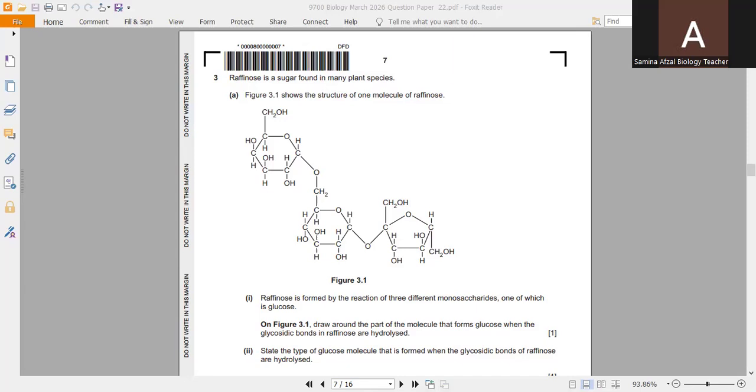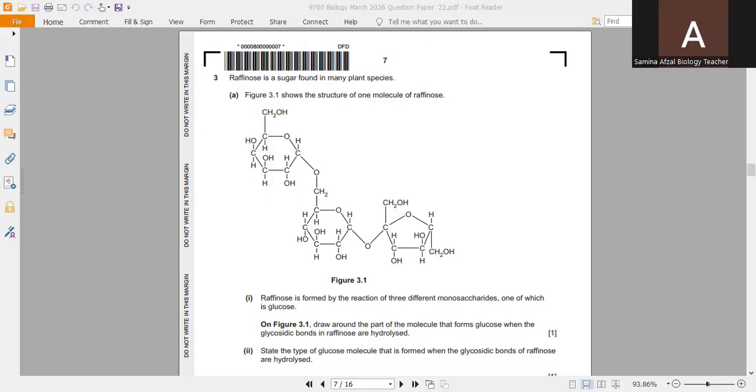So on figure 3.1, draw around the part of the molecule that forms glucose when the glycosidic bonds in raffinose are hydrolyzed. So here you can see that this raffinose molecule is made up of three monosaccharides.